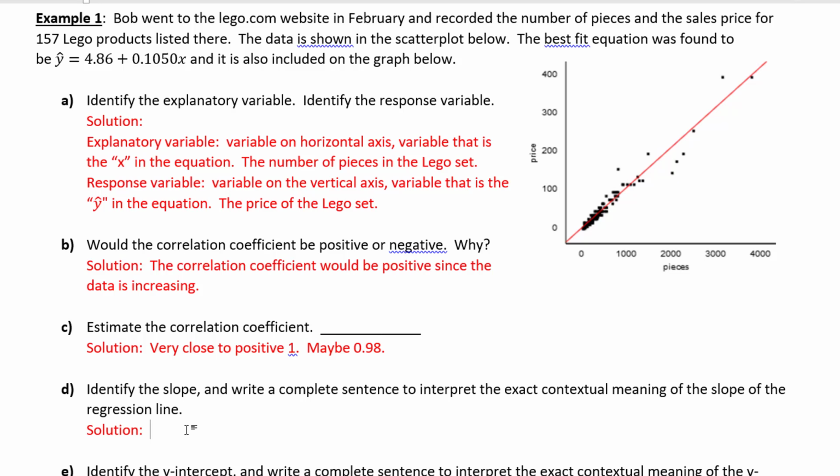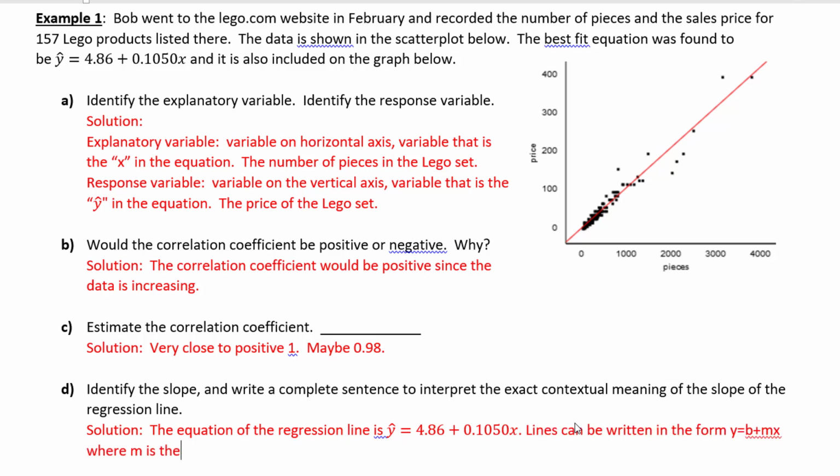Part D asks us to identify the slope and write a complete sentence to interpret the exact contextual meaning of the slope of this regression line. So remember, the equation of our line was given up here to be y hat equals 4.86 plus 0.1050x. Also recall that equations of lines can be written in the form y equals mx plus b, or you could think of it as y equals b plus mx, where m is the slope of the line.